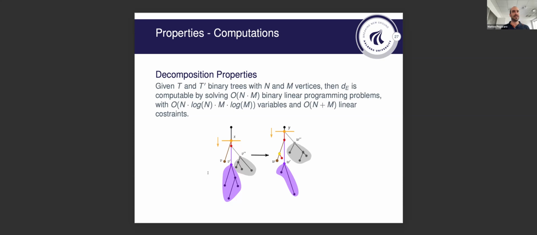However, what I believe is a very positive result is that if we take the classical edit distance between trees, so no merge trees, no ghosting of vertices, but just the classical one, which also includes the edit distances which I was talking about at the beginning of the presentation, then the latest and most efficient formulation of this classical edit distance for unordered and unlabeled trees in terms of binary linear programming is very similar to this complexity.